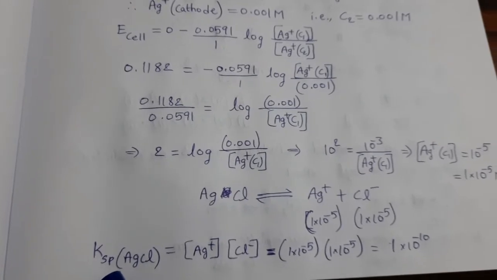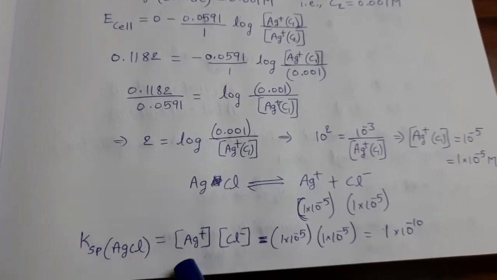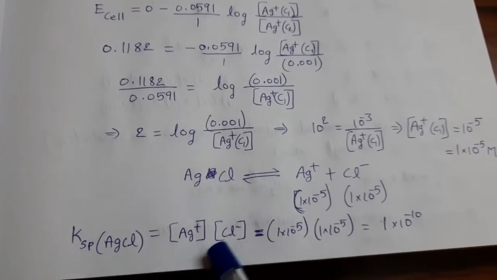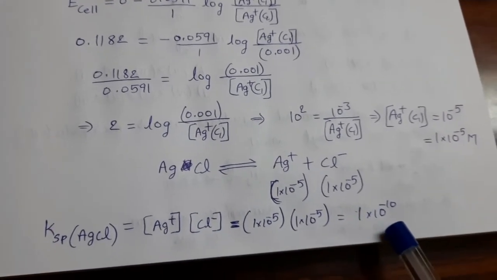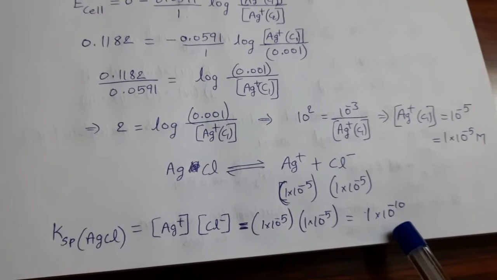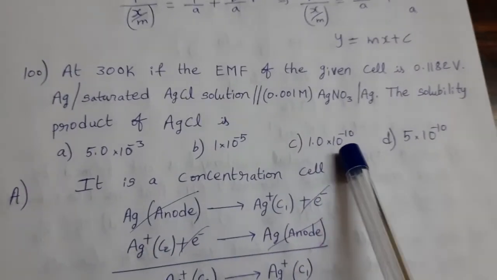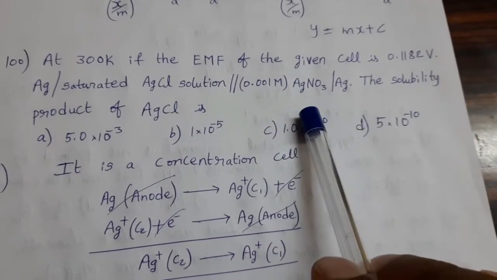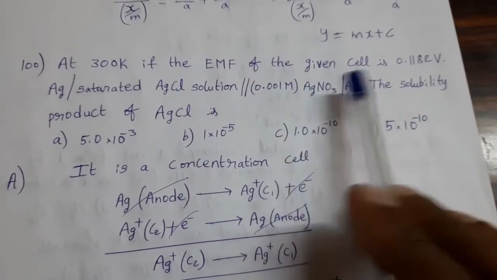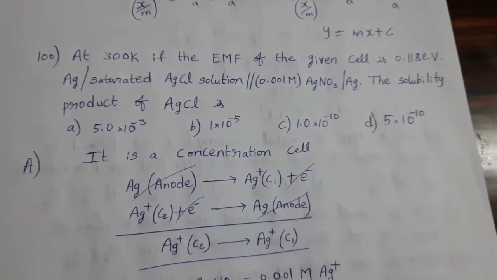Then solubility product Ksp of AgCl equal to concentration of Ag plus into concentration of Cl minus. Then Ksp value is 1 into 10 power minus 10. Then what is the option? Option C is the answer. Important question, this one. This question relates to EMF of the cell and solubility product.